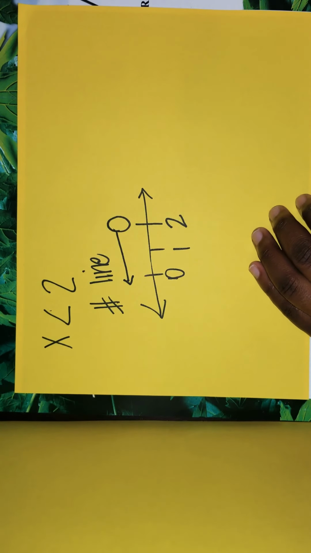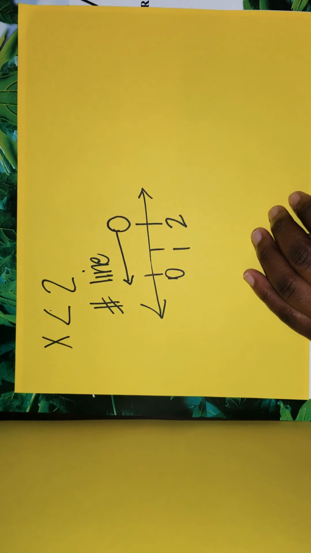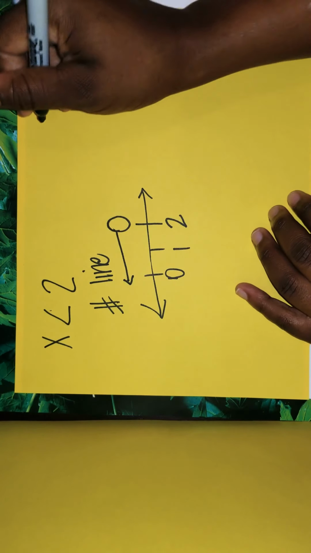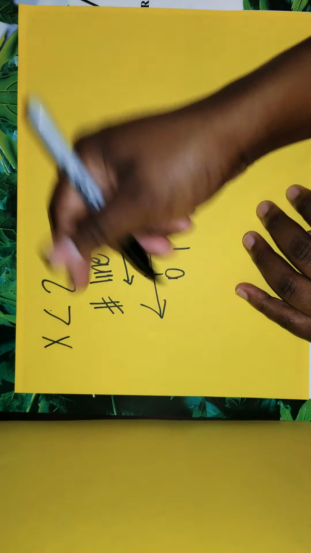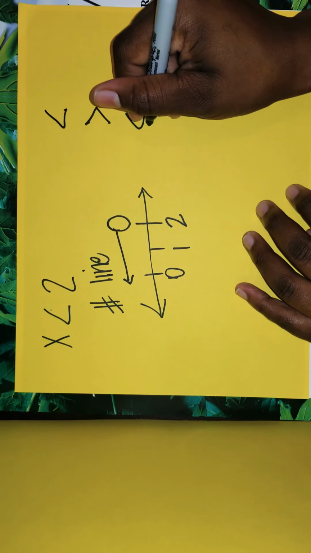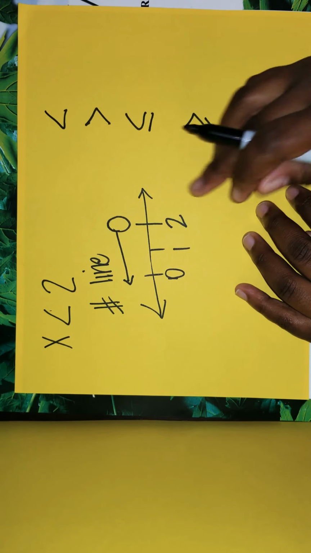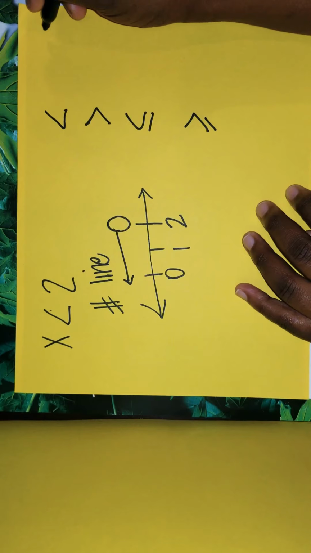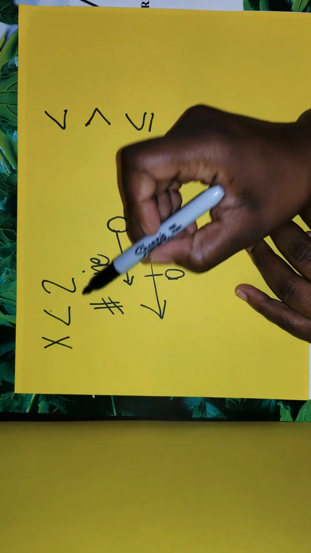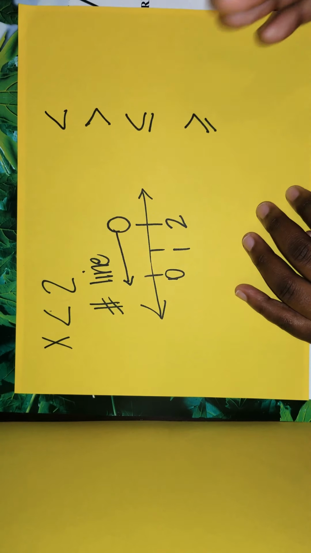All right. So before I get into the others, I'm going to show you a little way to remember these signs. So I'm going to draw them again. So that's less than. So the opposite sign will be greater than. So less than, equal to, greater than, equal to. So for the number line region, once you see less than, the number you see on the opposite side of that sign is not a part of the solution.